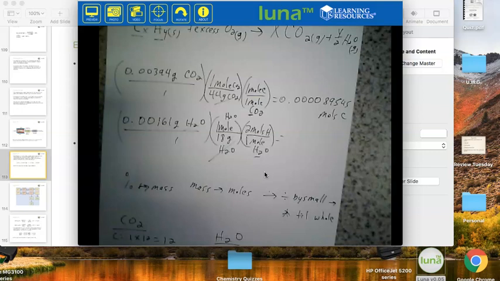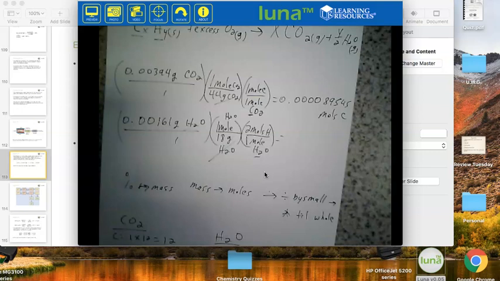Then 0.0017888 divided by 0.000895545 gives me 1.99, which is about 2. So this is carbon and this is hydrogen. That means my empirical formula is going to be C1 and then H2, CH2.